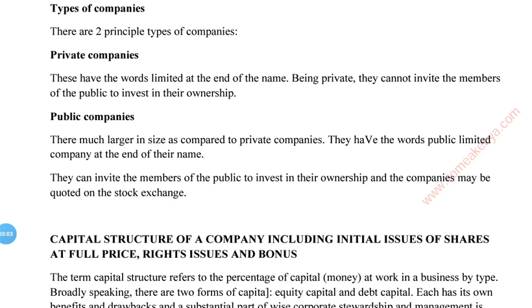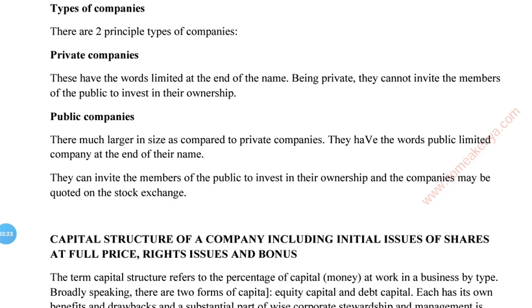The membership for a private company needs at least 2 members and a maximum of 50 members. For a public limited company, the minimum number of members is 7, and there is no maximum.